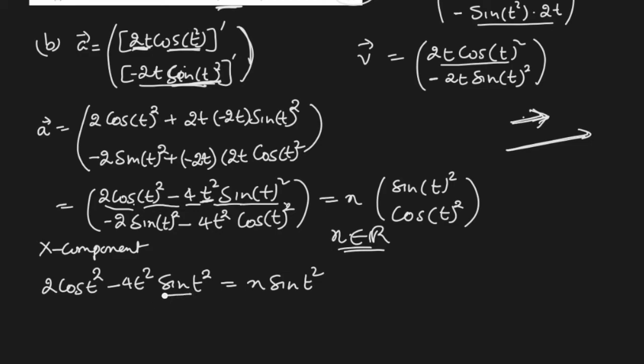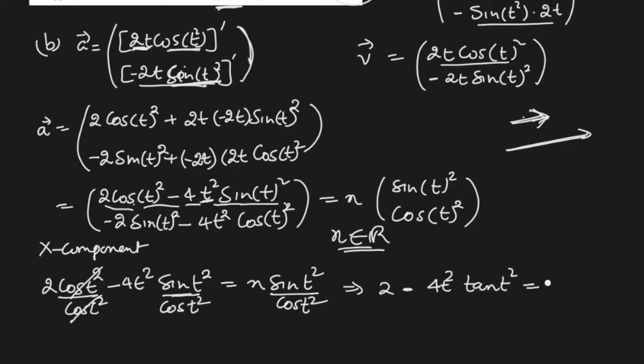So if I multiply this by sine over cos, let's make it cos t square, cos t square and cos t square. This cancels. What does this get us? Just 2 minus 4t square, and sine over cos is tan, equal to n tan t square. Let's bring this one to the right side. So 2 equal to n plus 4t square tan t square.